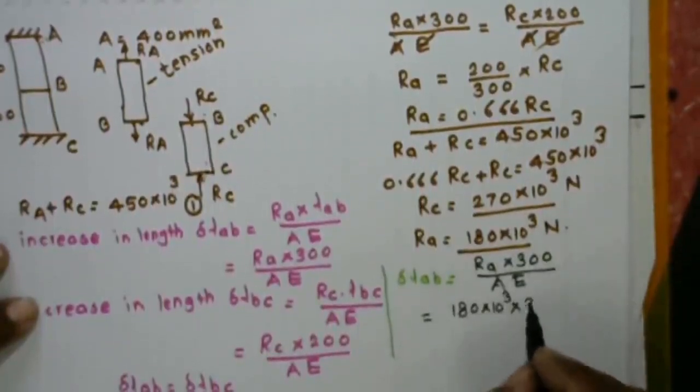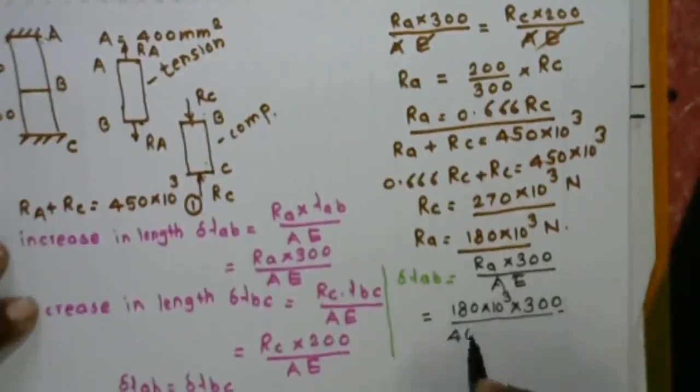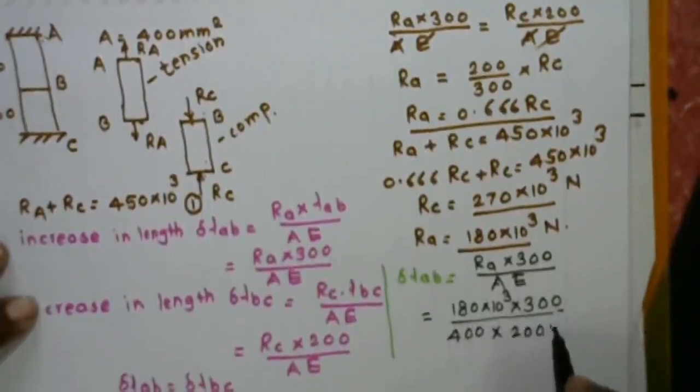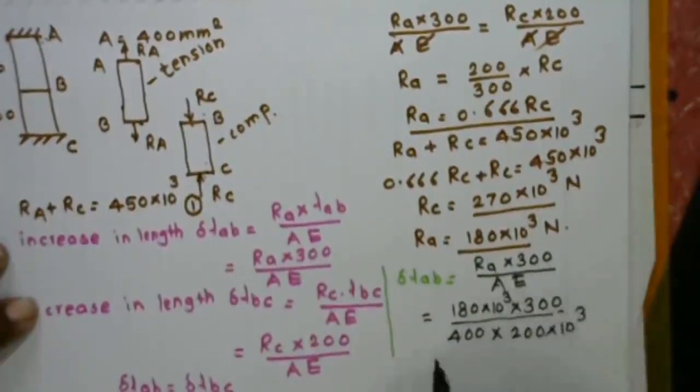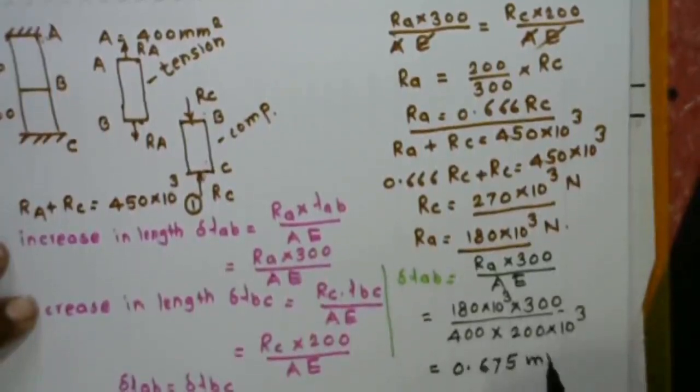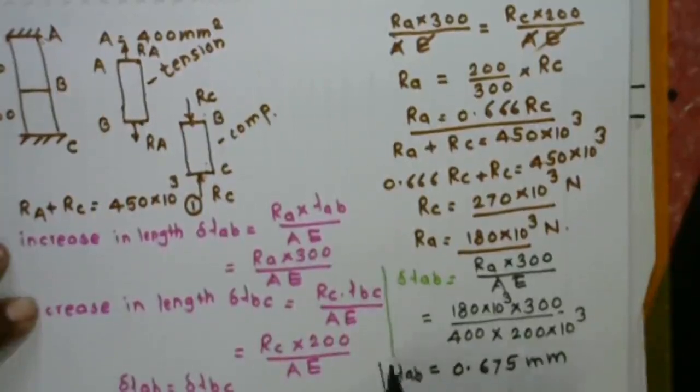We have 300, the cross-sectional area is known, that is 400. Modulus of elasticity is also known, 200 GPa, so 200 into 10 raised to 3. So after calculating this, our answer is 0.67 mm, that is delta LAB.